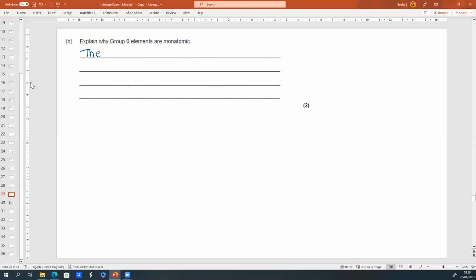So we need something along the lines of that they have a full outer shell. It's fine to say that they have 8 electrons in their outside shell. Yeah, they've got a full outer shell.